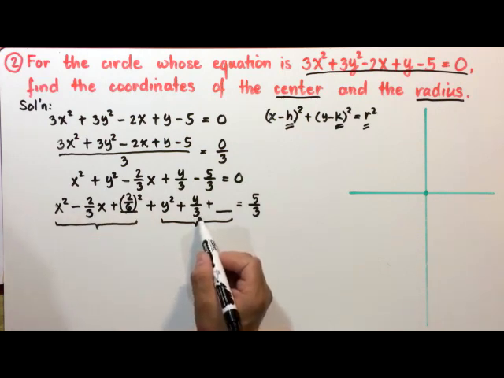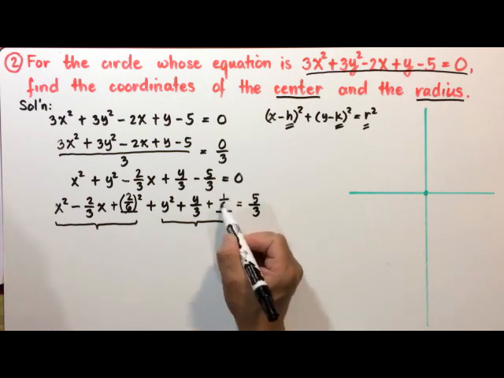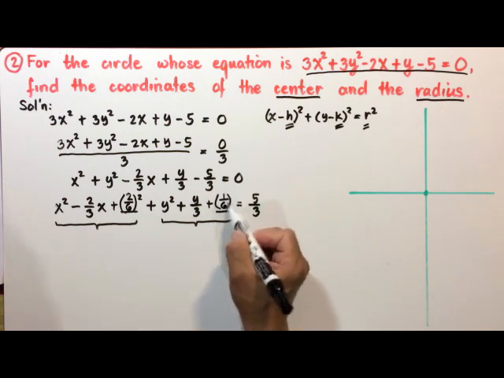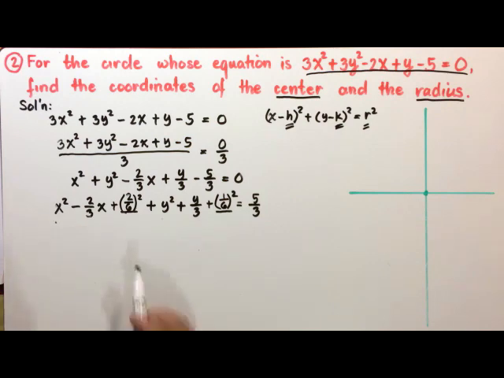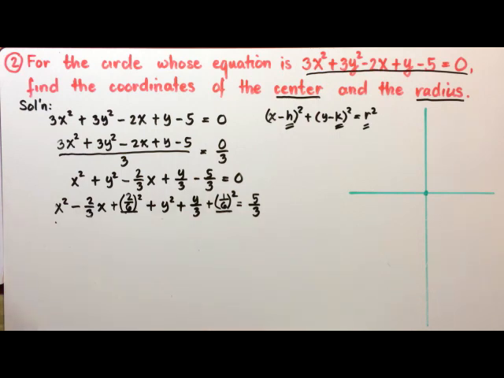Same with this. This is 1/3 y. If you divide this 1/3 by 2, that becomes 1/6, and then you square. Because I add 2/6 squared and 1/6 squared at the left side of the equation, you might wonder where I got these numbers.